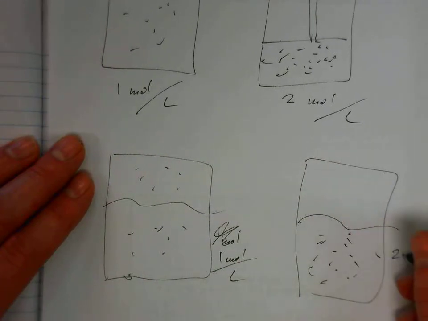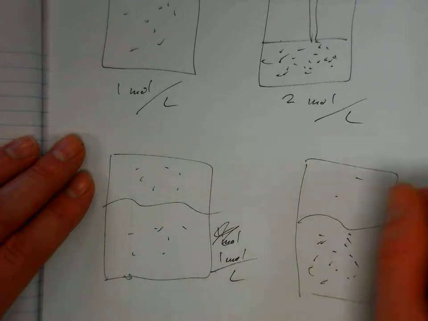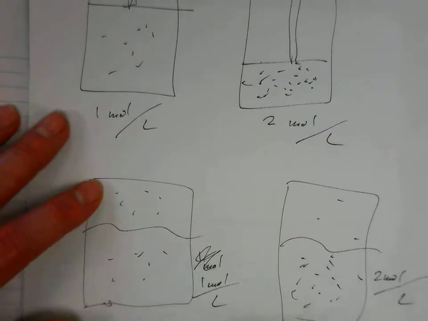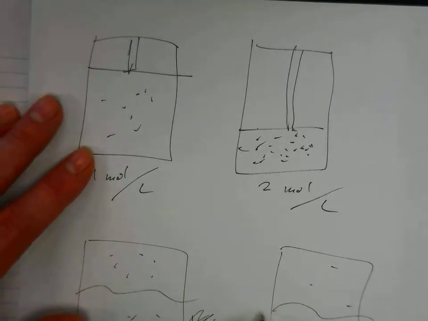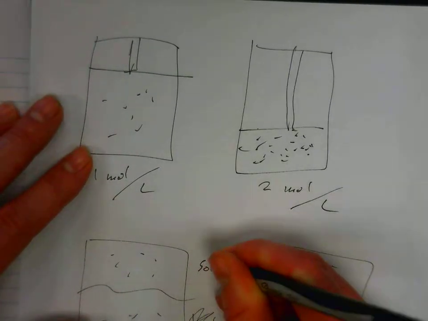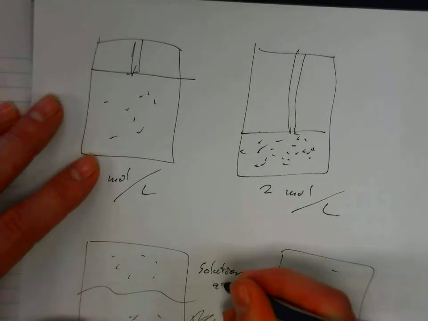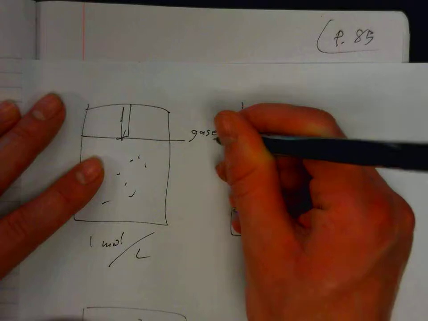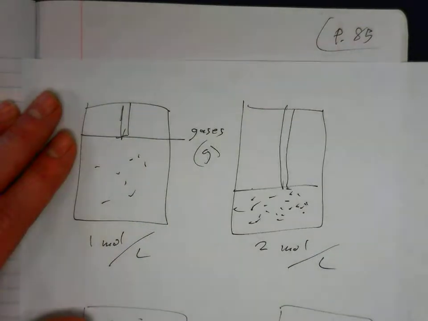Now we have 2 moles per liter. So things that are dissolved in solution, so that would be aqueous solutions, and gases can change in their concentration.